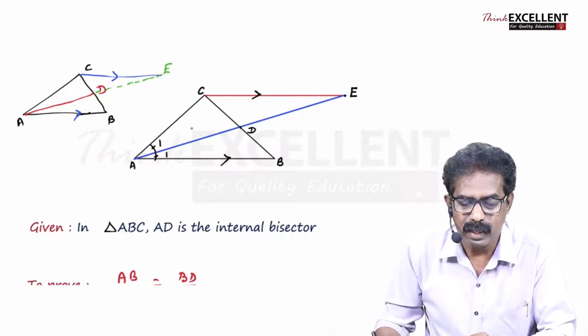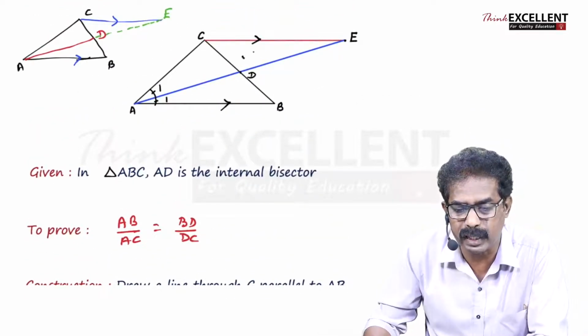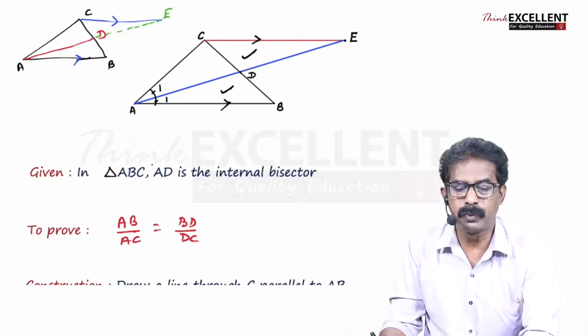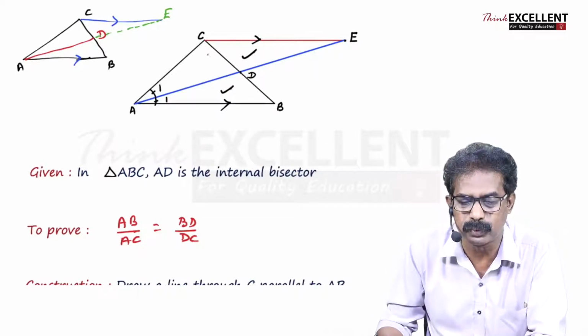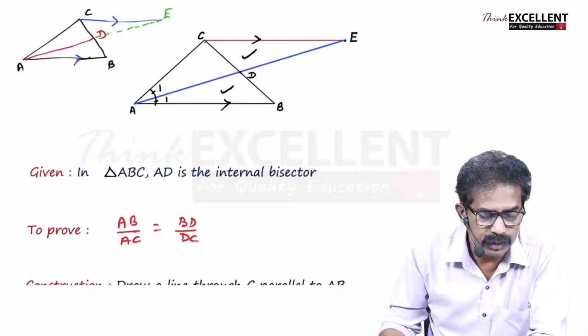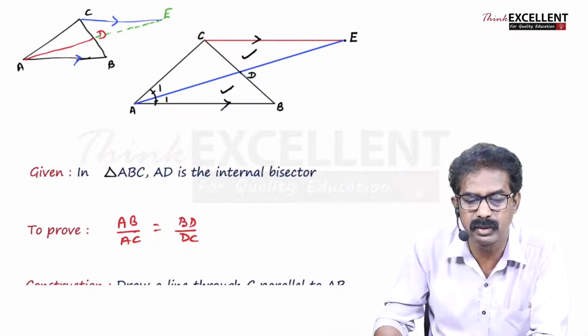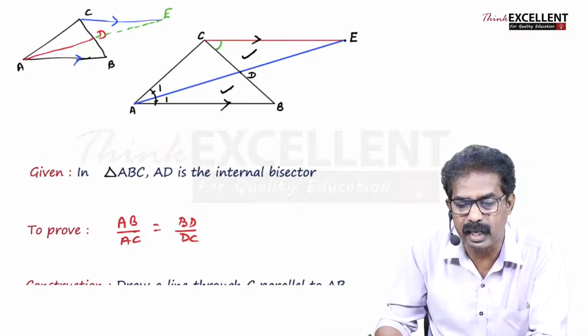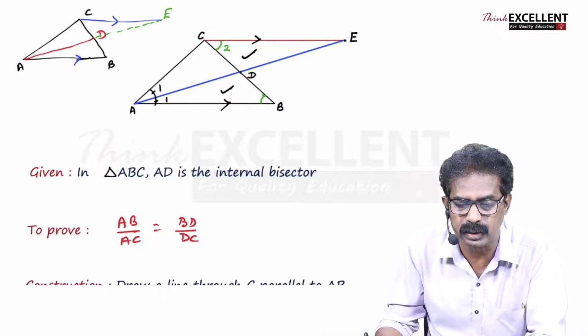Now listen here, for the proof, you take these two triangles. Can you prove these two triangles are similar? Very easily, because these two lines are parallel, so this is a transversal. So this angle and this angle are equal, alternate angles. If I take this as 2, this is also 2.